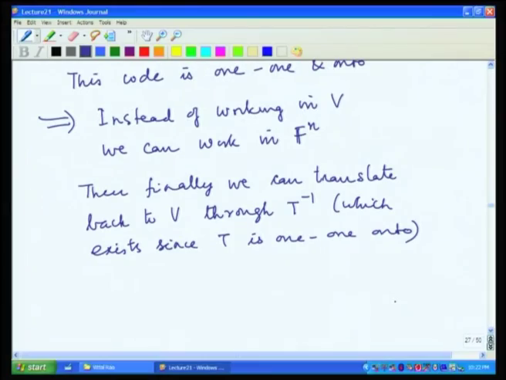Therefore, what this means is the following. If you have a field F, any vector space of dimension n over F is essentially F^n itself spoken in some other language, and for the translation we need this isomorphism, and the dictionary that provides this translation is the ordered bases B_V and B_W, through which we generate this isomorphism dictionary, and the reverse dictionary is T inverse.